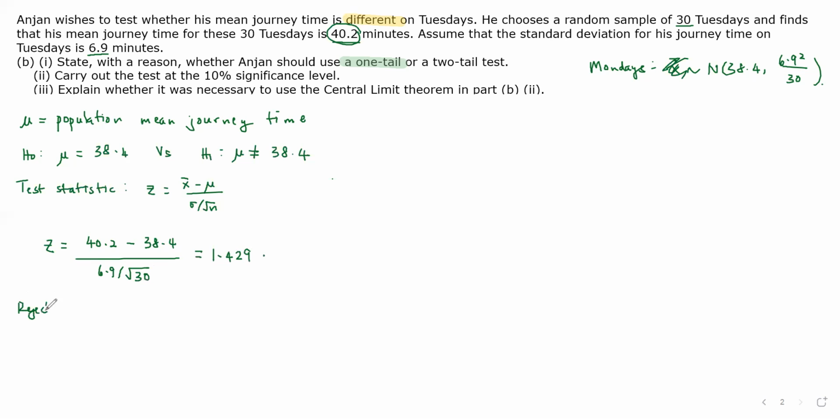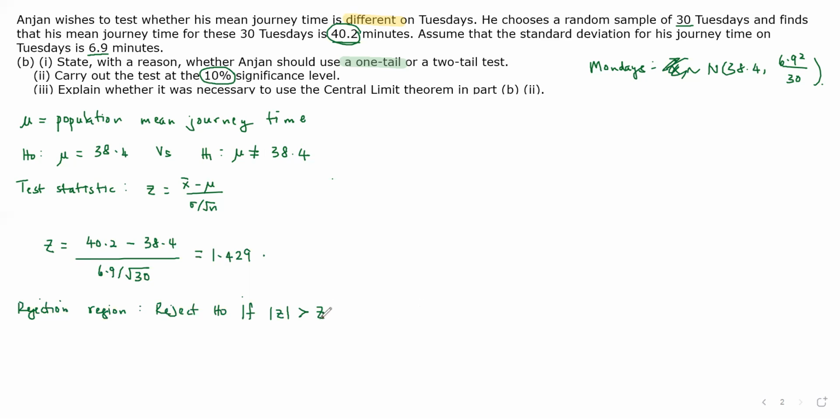Then for the rejection region, or the rejection rule, you will reject the null hypothesis if the absolute value of the test statistic, because of the alternative here, is greater than Z of alpha over 2. Your significance level is 10%.